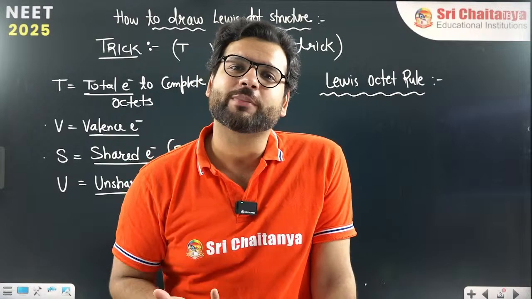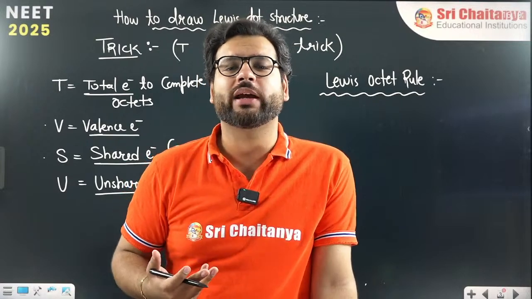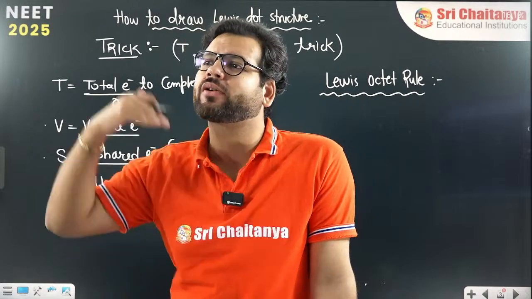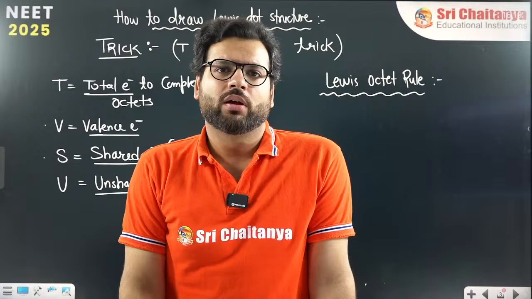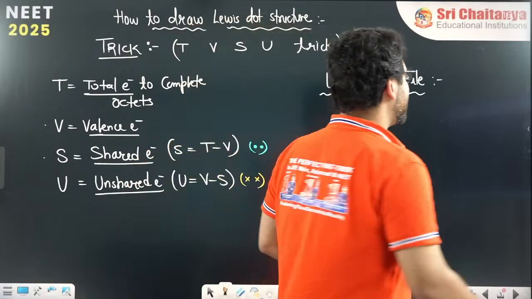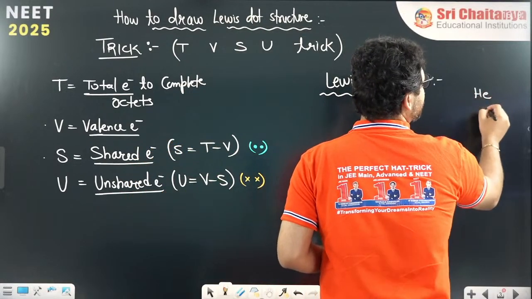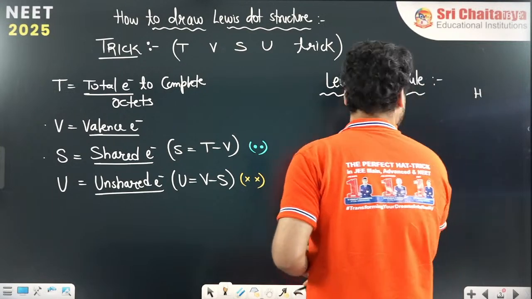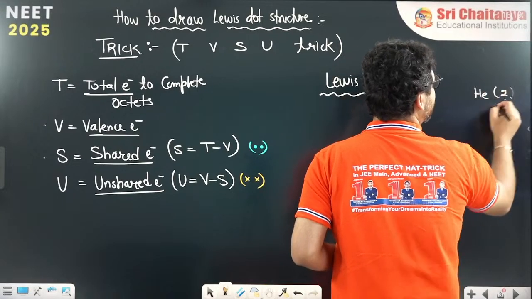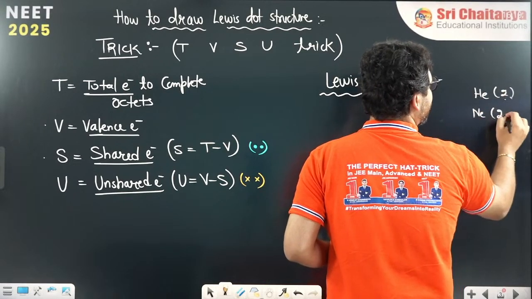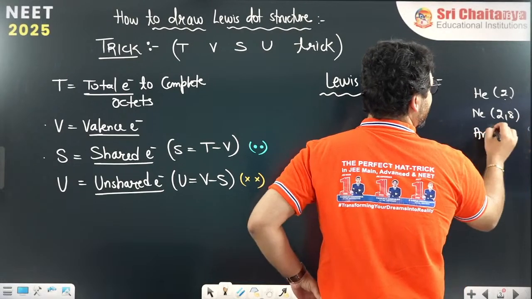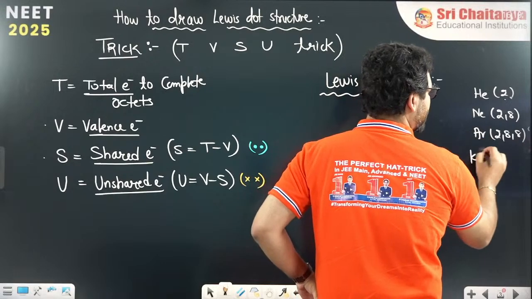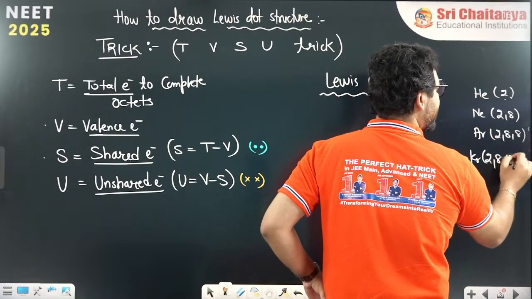Now, how can someone become a noble gas? What is so special about noble gases? They always have 8 electrons in their outermost shell, except helium. Helium's electronic configuration is 2. Neon's is 2,8. Argon is 2,8,8. Krypton is 2,8,18,8.